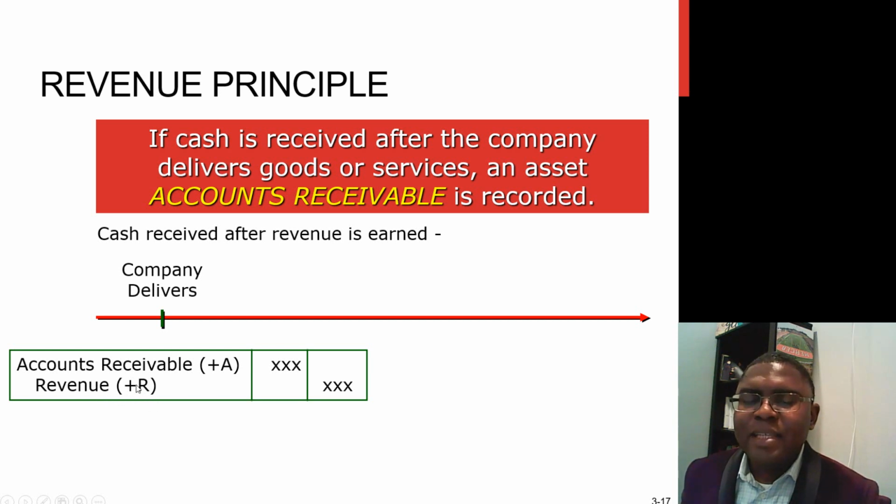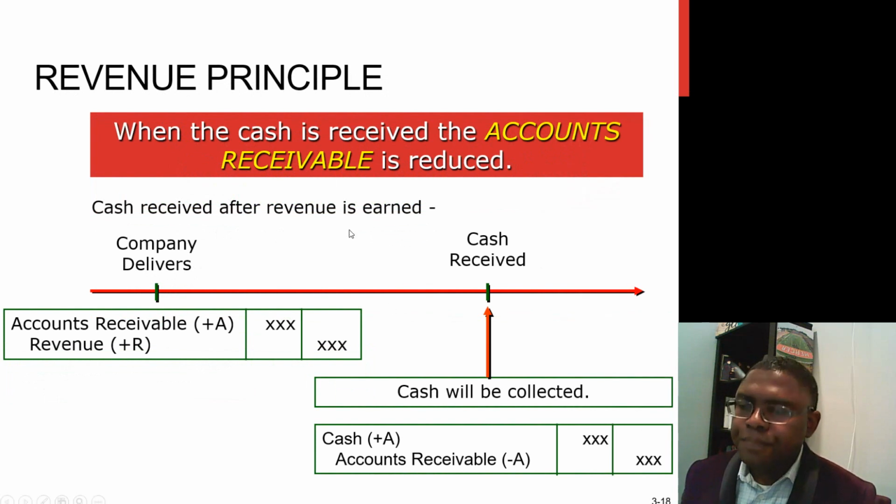Revenue is increasing. Increases in revenue are given a credit balance. So this is how this kind of transaction will be journalized. So what we are doing is recognizing the account that is affected, and we are seeing how we journalize that transaction.